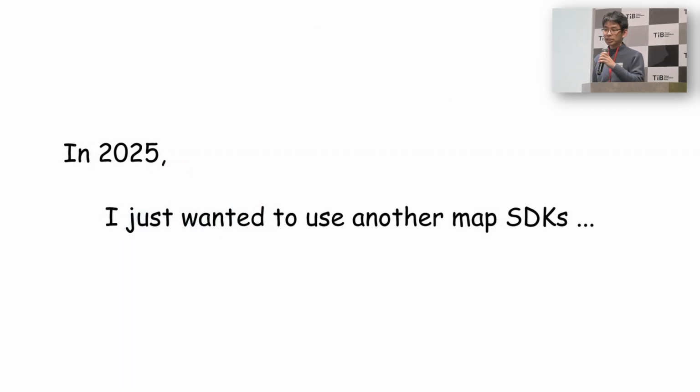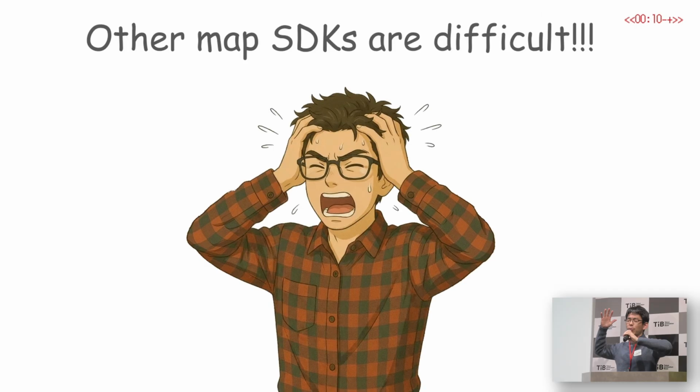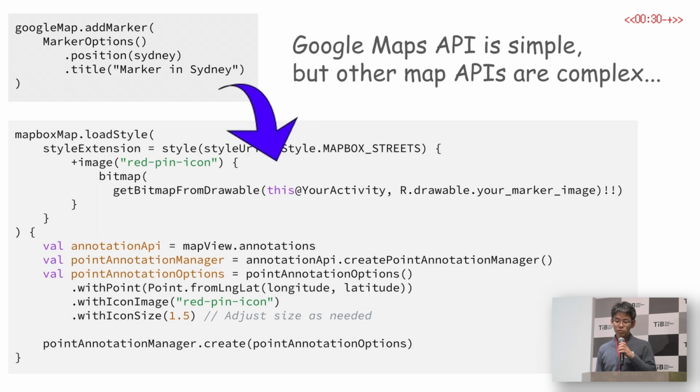Last year, I just wanted to use other Maps SDKs like Mapbox. Then I found other Maps SDKs are very difficult. Let me show an example. The upper side is Google Maps code: just a simple line to add a marker and provide some options.